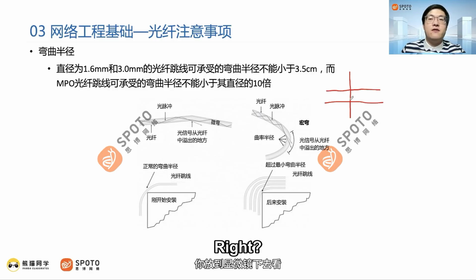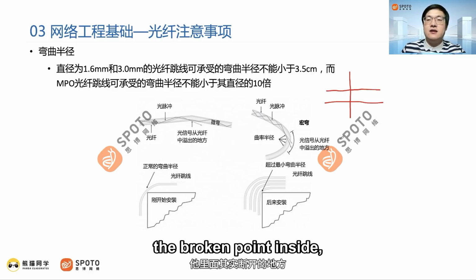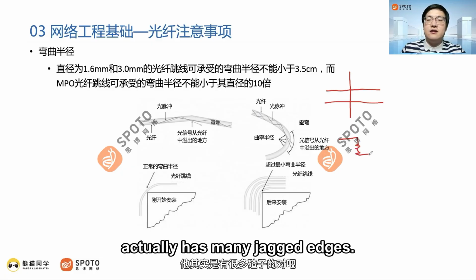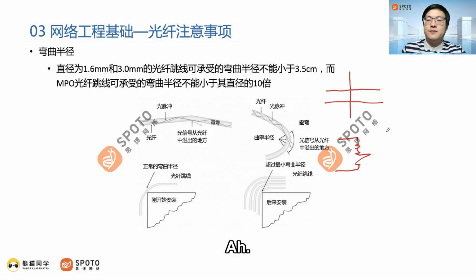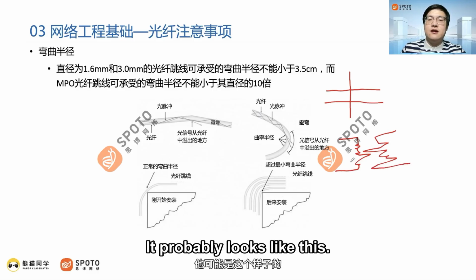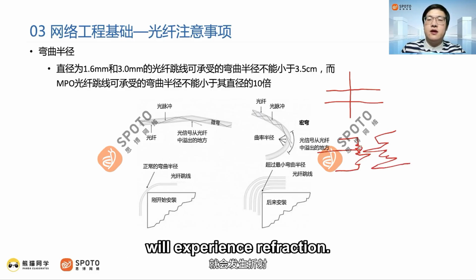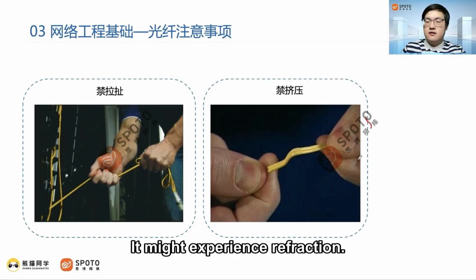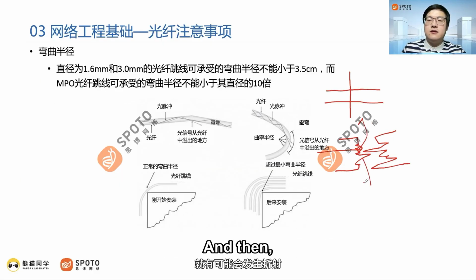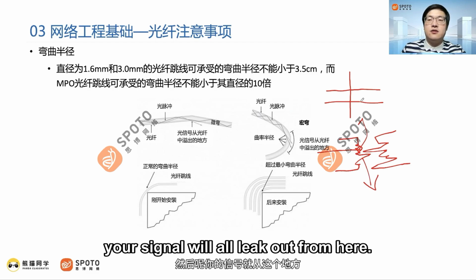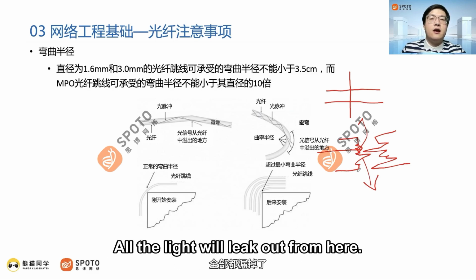If you look under the broken point, inside there are actually many jagged edges, so your light will experience refraction, and all the light will leak out from here.